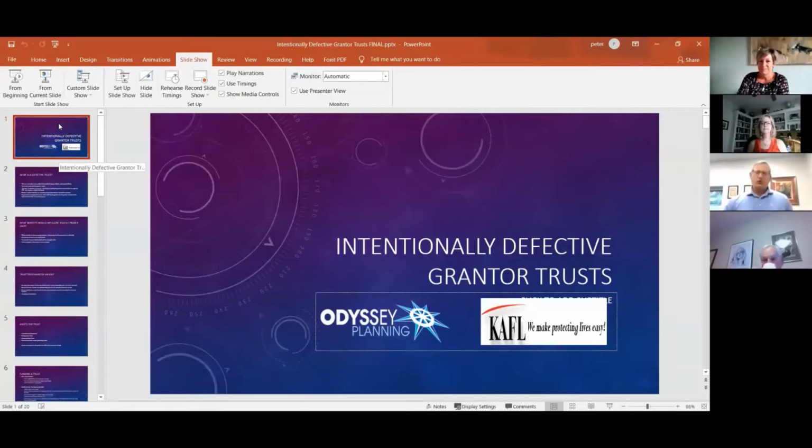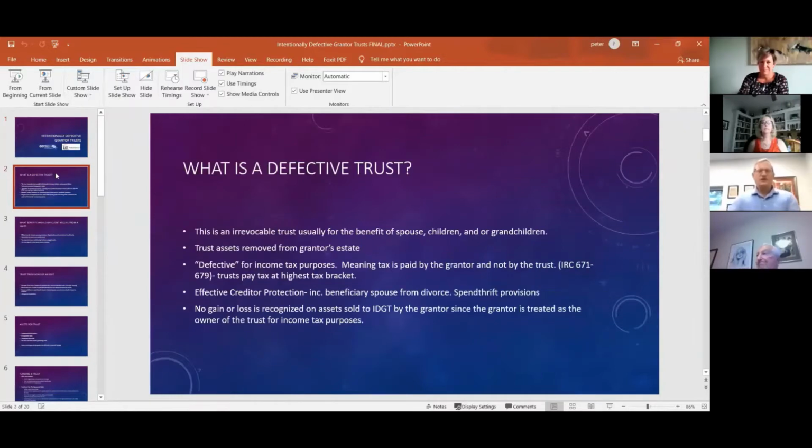And now we don't have to worry about trying to get premium dollars into the trust on an annual basis. The cash flow is already there inside the trust. So that's one of the big pictures of an intentionally defective grantor trust.